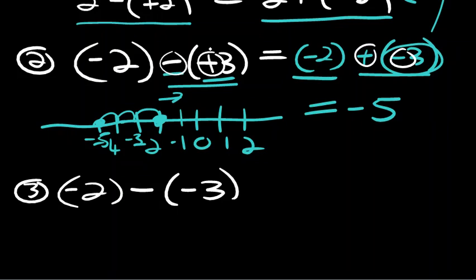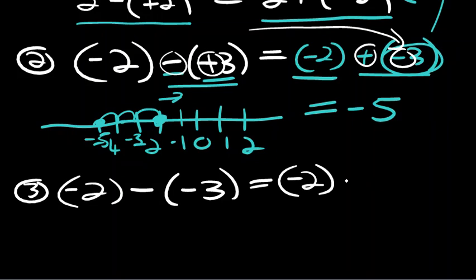So you see you sort of change the signs, don't you? So when we apply this to this sum, we can say negative 2 is the same as adding the additive inverse, and that is positive 3. Okay, so negative 2 plus 3. This is what this means then.